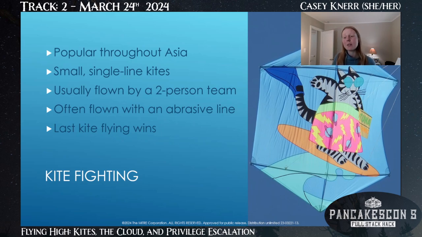They're often flown with an abrasive line, so there will be a coating, and the goal here is to cut other kites. So cut the line, the kite is let loose, maybe you can capture your opponent's kite, and the last one flying wins. This isn't always the case. So this is a 6-sided traditional Japanese fighter kite.